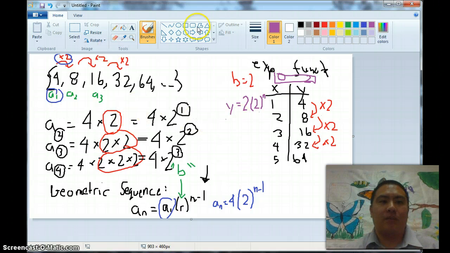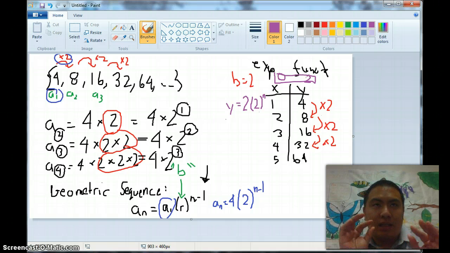Okay, because when we're looking at sequences, we're looking at the first term, which would be like x equals 1. Whereas in exponential functions, we're looking directly at x equals 0. So it's kind of like looking at it from the left or to the right. It's hard to tell the difference, but they're very similar, but they still have their differences. In exponential functions, you can find things between 4 and 8, right?